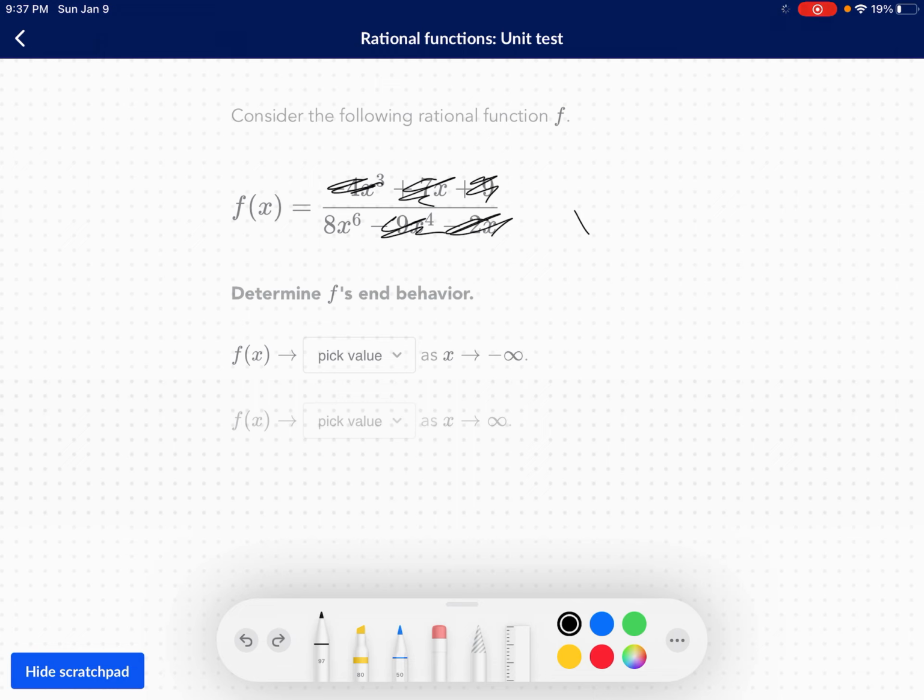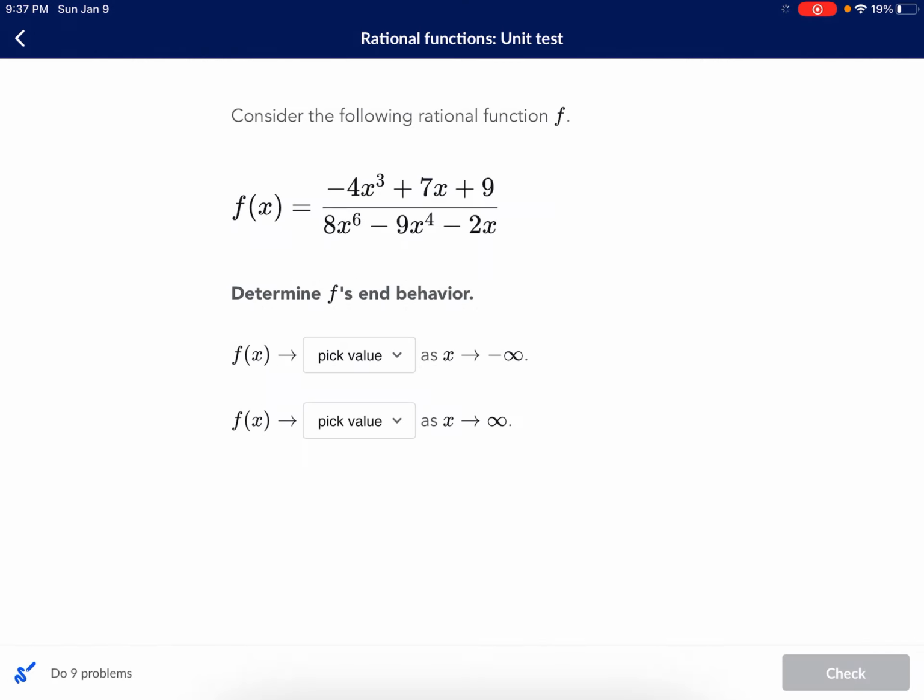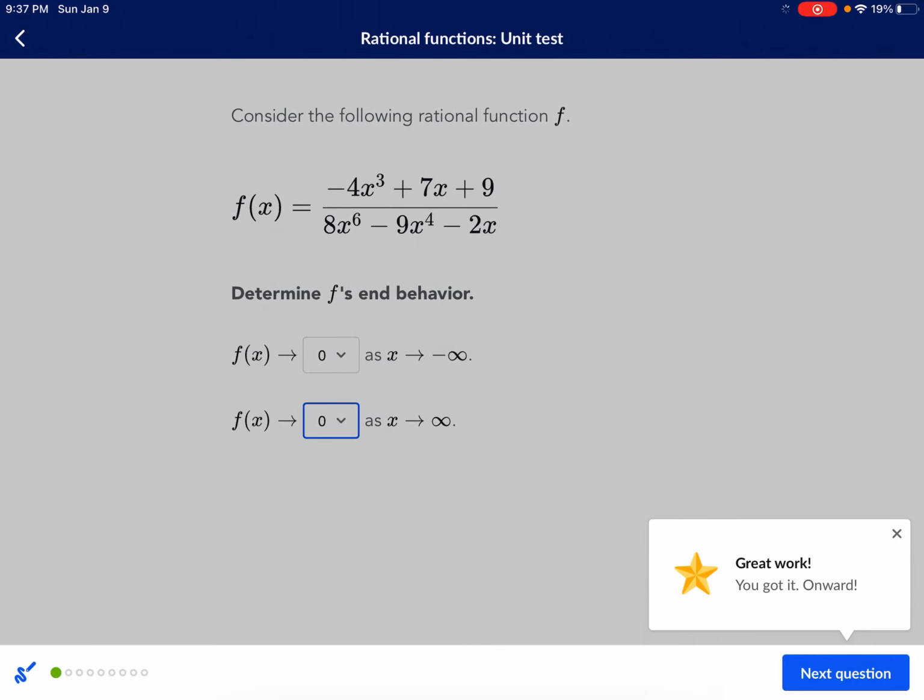If x is like 1,000, this is going to be like negative 4,000. This would be like 800, like 1, 2, 3, 4, 5, 6, and 7, 8, 9 because of these three. So this is basically going to have no value, so it's 0. Should be 0 for both. Nice.